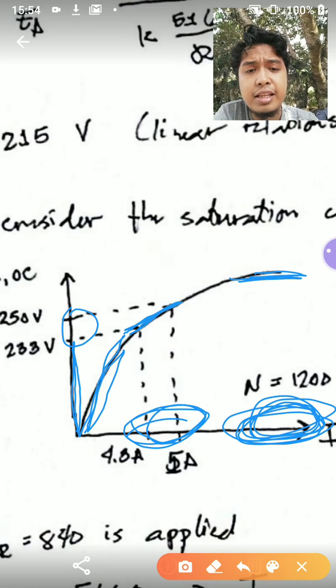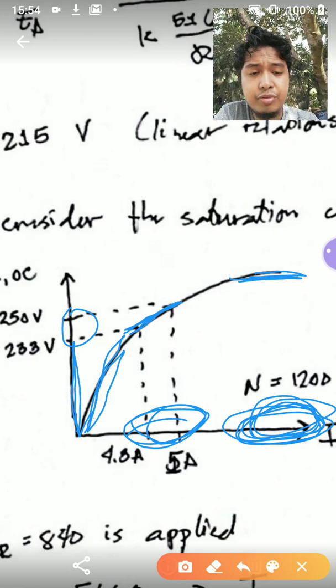So that's the nonlinearity of the field of the DC machine.